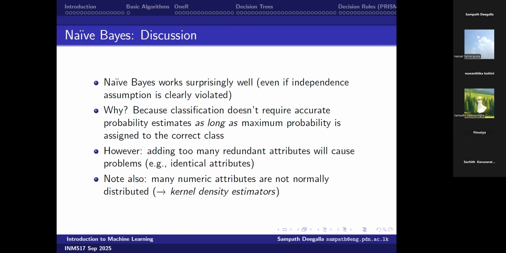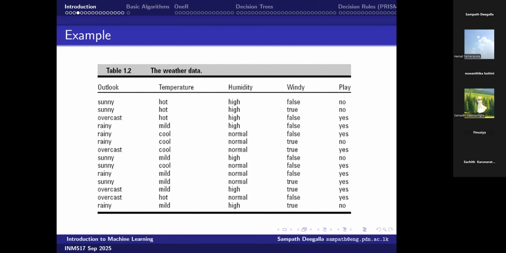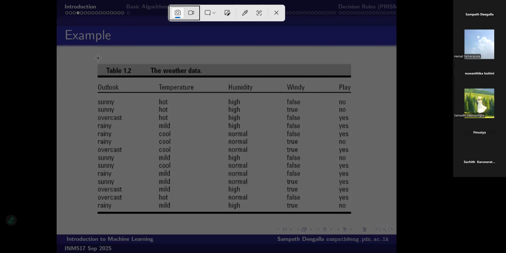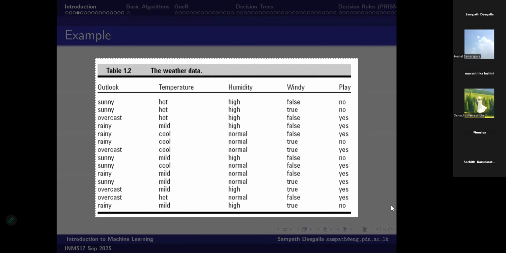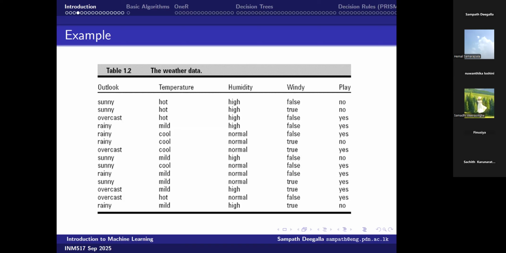Take a screenshot of the weather dataset to start with, because we need this to understand how the naive-Bayes algorithm works.